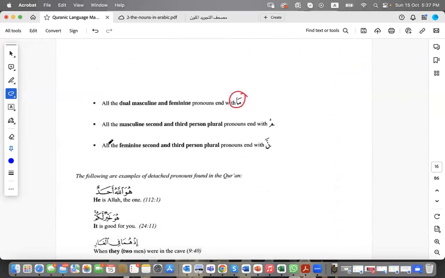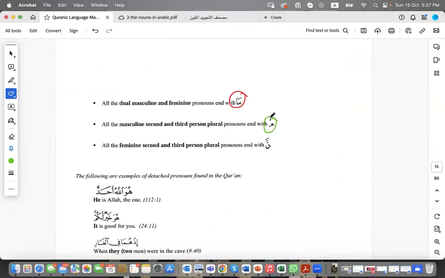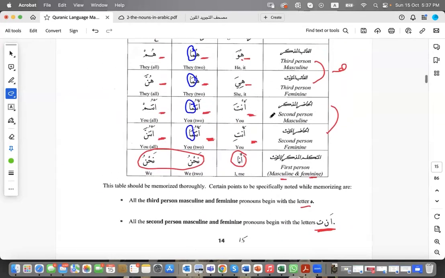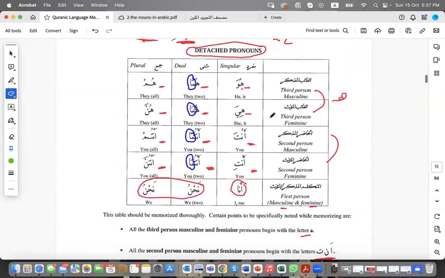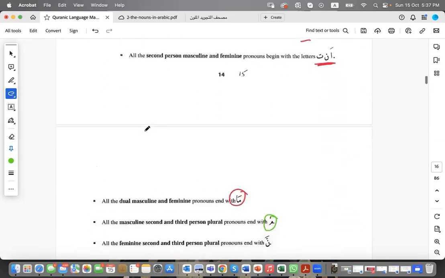طيب, what other tips? All the masculine second and third person plural end with a meem with a sukun too. So let us have a look here. The tip was saying that the second and third person plural masculine are going to end all the time with a meem with a sukun, which is true.